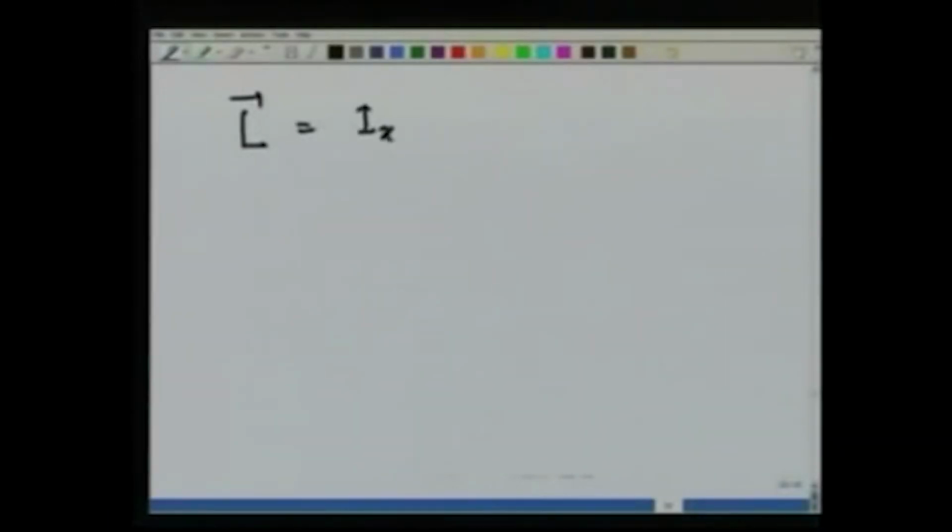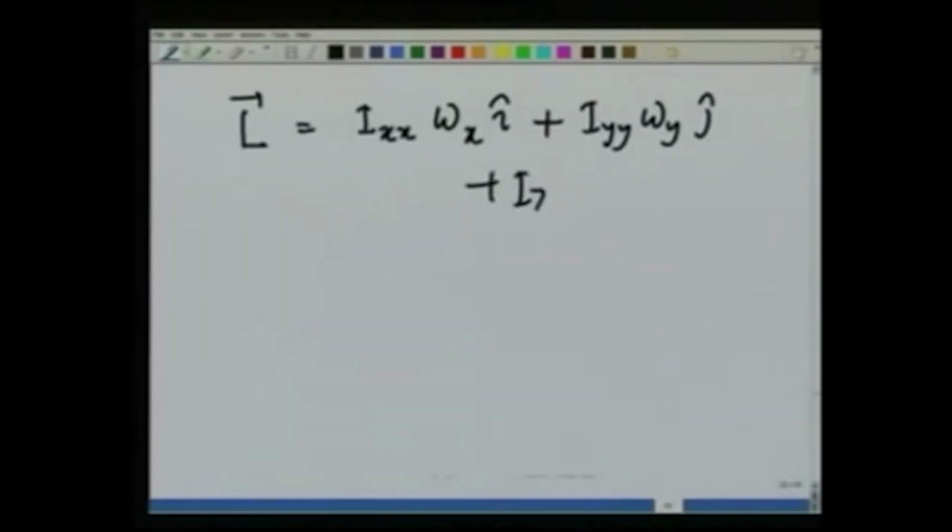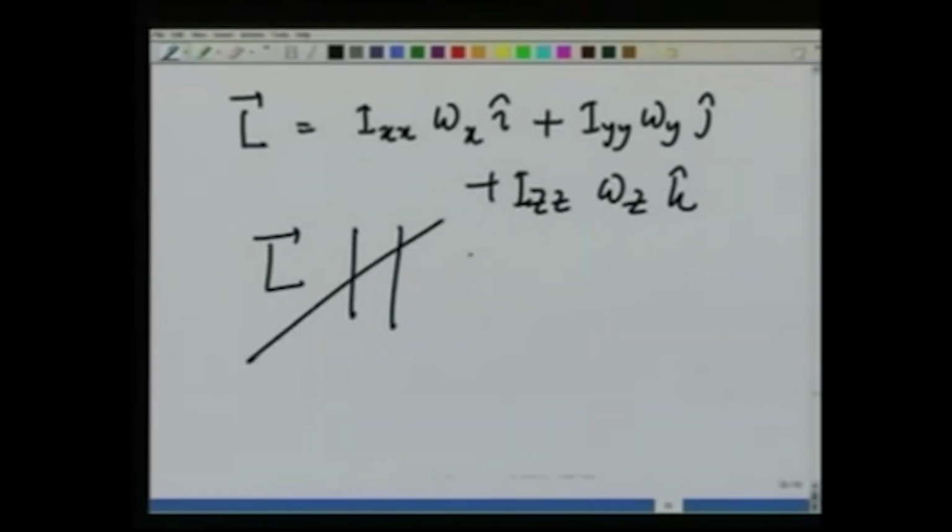What you notice in these two examples is that if L is written as I x x omega x i plus I y y omega y j plus I z z omega z k, L is not parallel to omega unless all these I's happen to be equal.